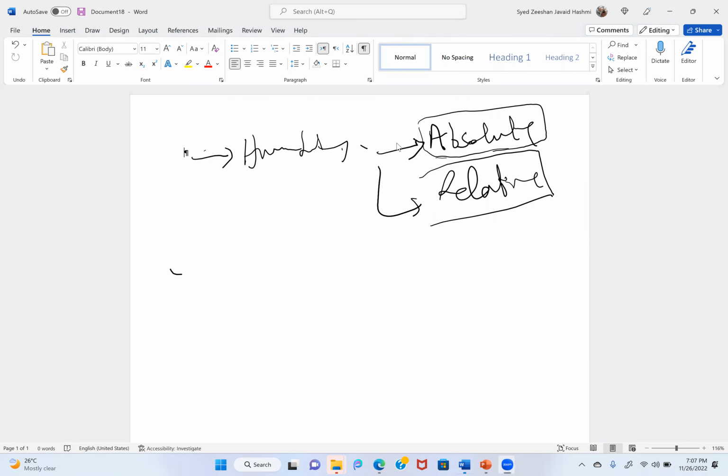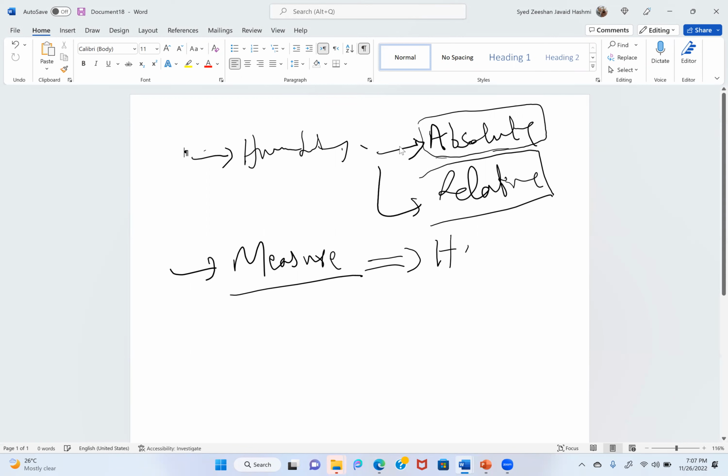Then you should know how to measure this humidity. For that, there is something called a hygrometer. Okay, so this will be the other point you should know. Then there will be humidification.